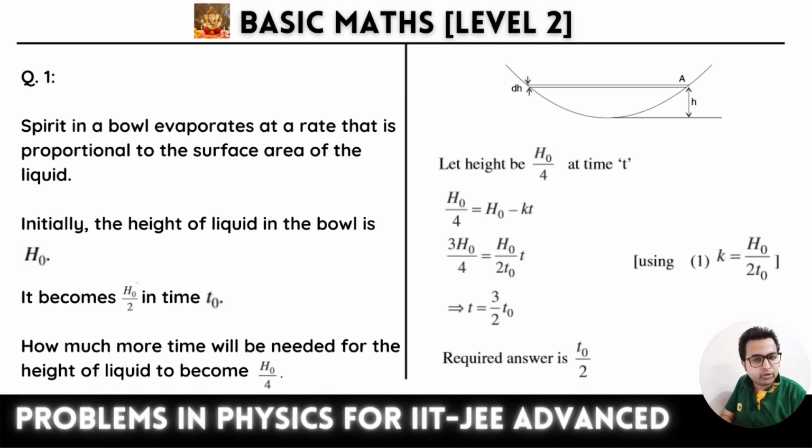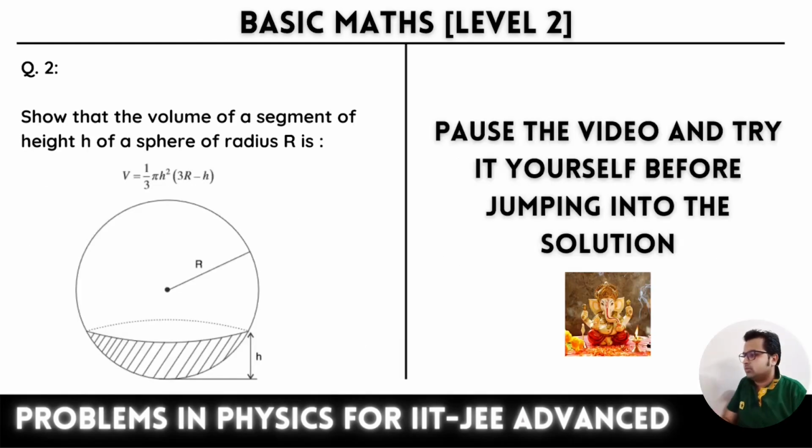Now let's jump into the second problem. In the second problem, show that the volume of a segment of height h of a sphere of radius r is given by this relation. Very straightforward.